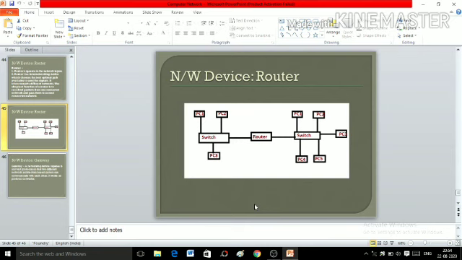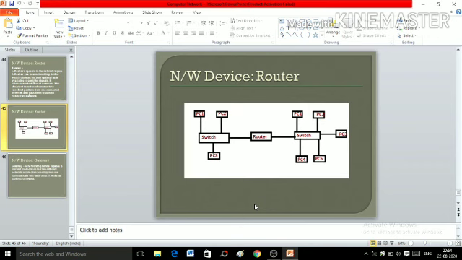In terms of IP addresses, we can say that routers connect two different networks having different network IDs, whereas switches work in the same network in which all the systems have the same network ID.